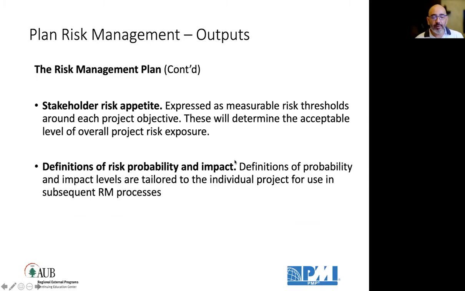كمان فيه يكون فيه الريسك stakeholder risk appetite expressed as a measurable risk threshold around each project objective, and these will determine the acceptable level of the overall risk score, or we call it risk exposure of the project.